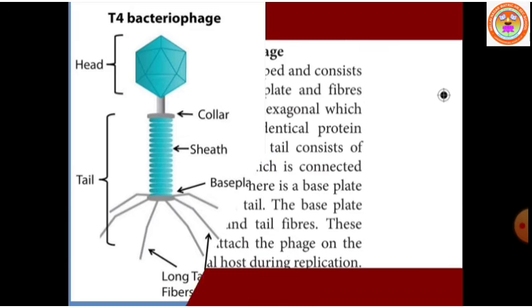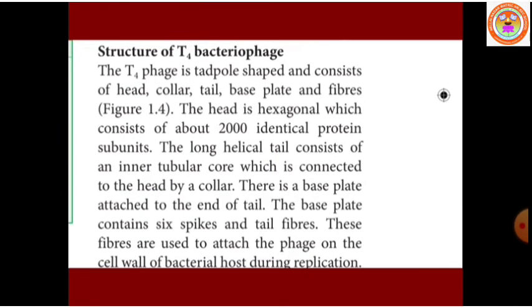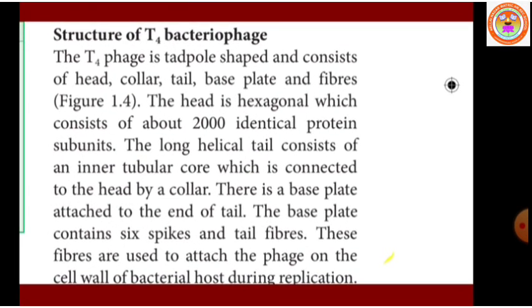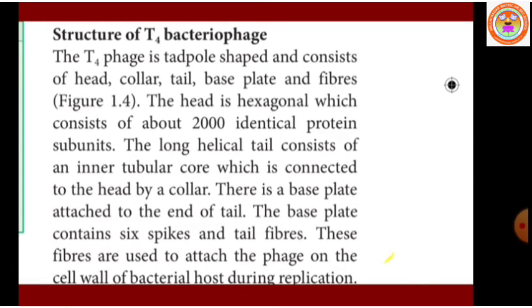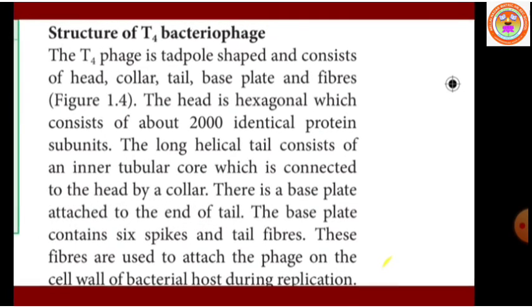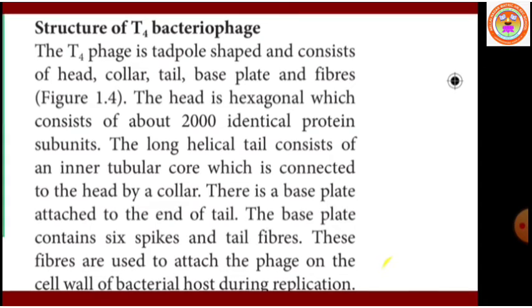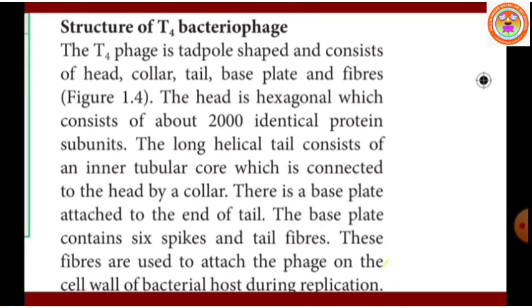The tail fibers help to attach the phage on the cell wall of bacteria. During infection, the virus must insert its genetic material into the bacteria, because bacteria is the host. So first it is called attachment, we say.